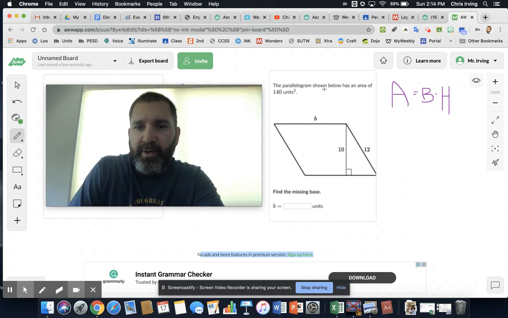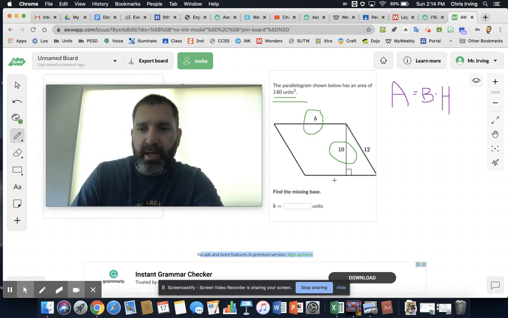The parallelogram shown below has an area of 140 square units. What it also gives you is the height. What it doesn't give you is the base. And remember this 12 over here, we don't really care about this 12. It's like the 6 in the last problem. It has nothing to do with finding the area of this shape.